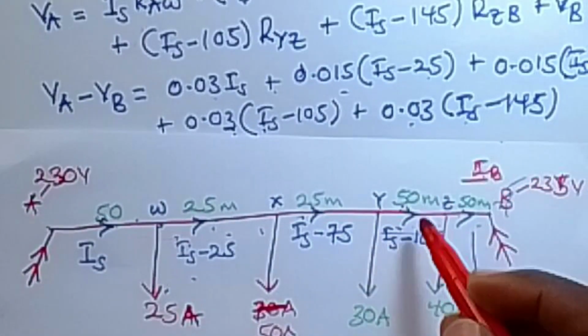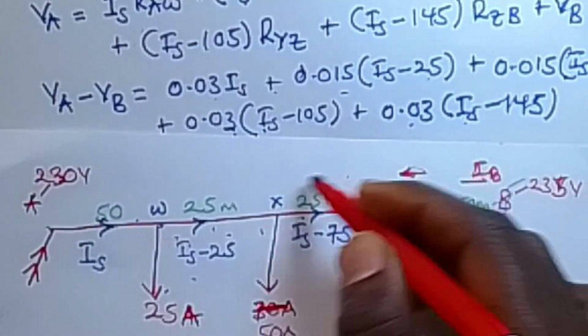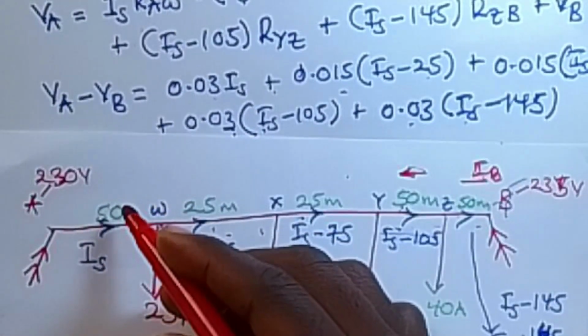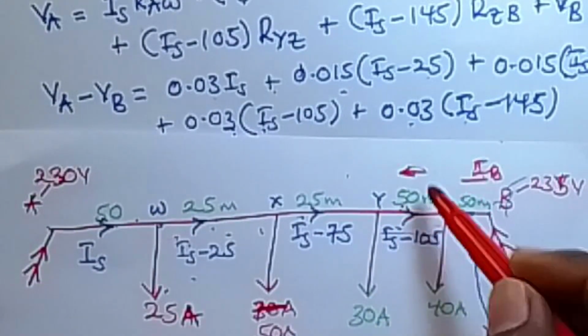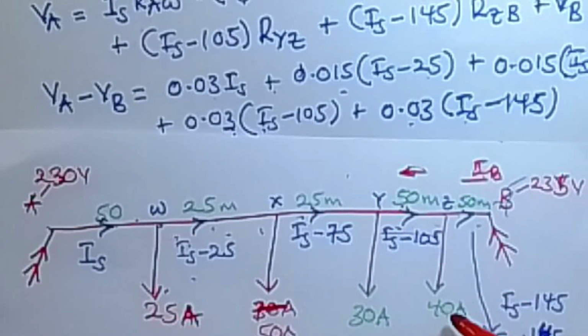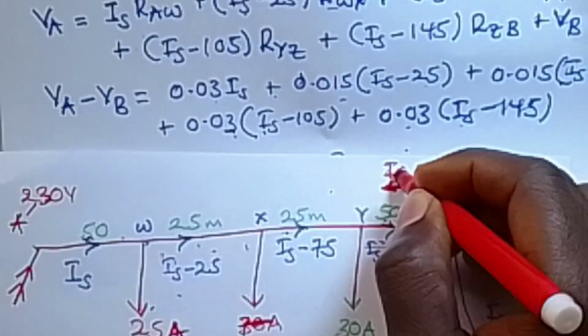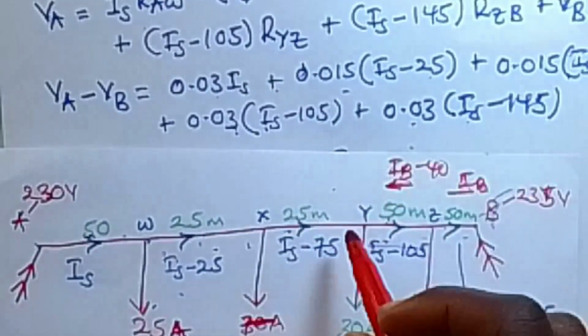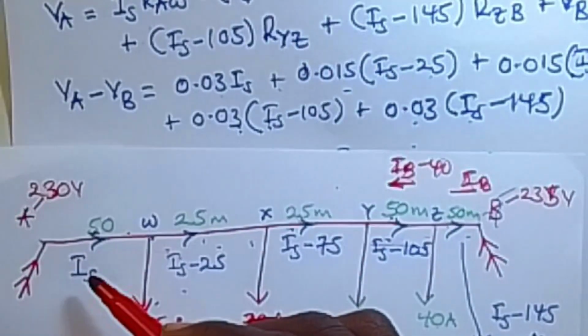Then when you want the current flowing in this section, all of them will be flowing in this direction like that, okay? Then therefore the current flowing in this section will be IB minus 40. Then similarly you keep on doing the same thing up to this end, okay?